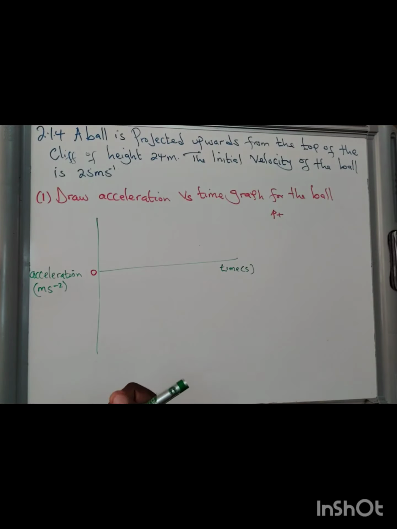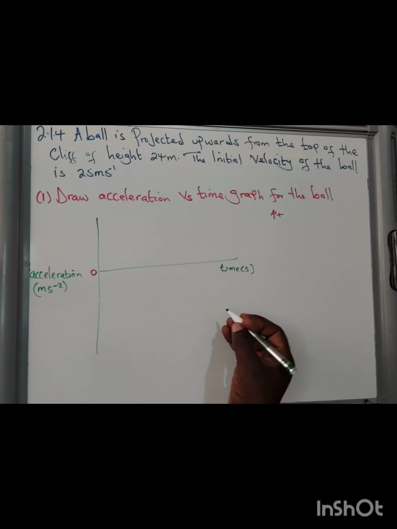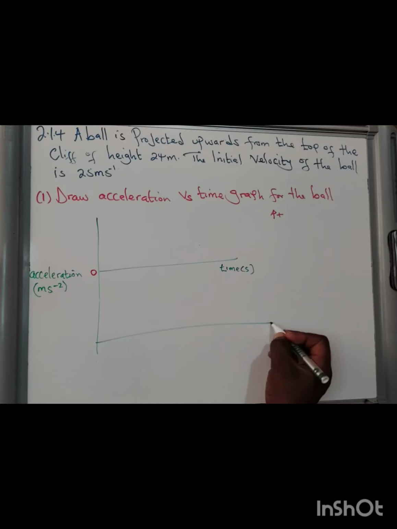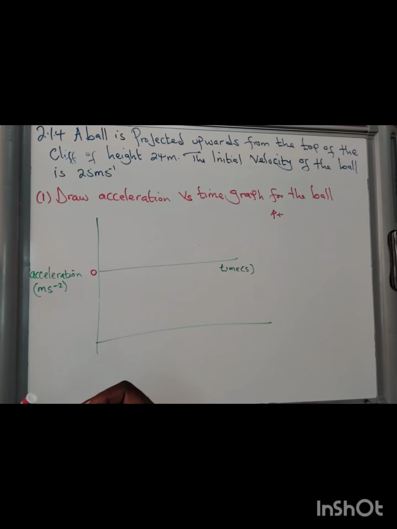The implication here is that our acceleration is going to be negative, and its value is known. It's going to be negative 9.8. Now, I want to remind you that this graph is for the entire journey, from the point of projection to the time when the ball hits the ground.